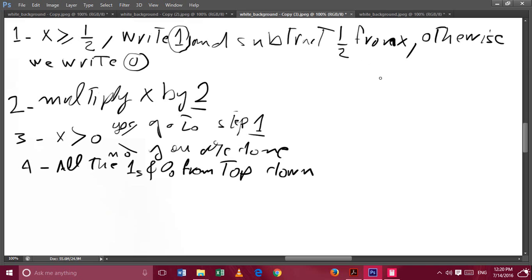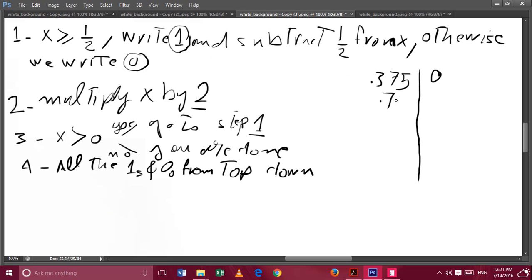We need to start with 0.375. All right? Okay. So according to the algorithm, if this is x, is this greater than or equal to half? Nope. So we write 0. Simple as this. Second step, multiply it by 2.